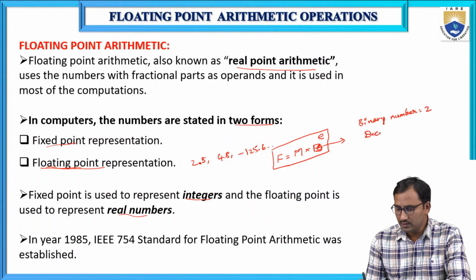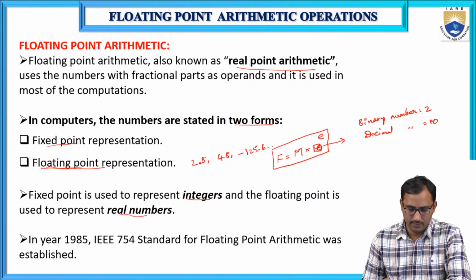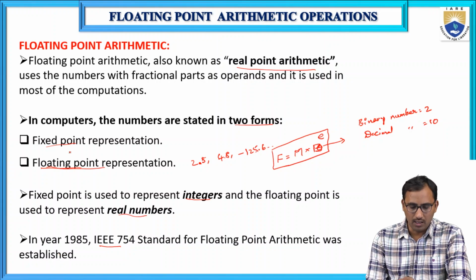For decimal numbers, the base value will be 10. In 1985, the IEEE 754 standard for floating point arithmetic was established, and using this standard the floating point numbers are represented.